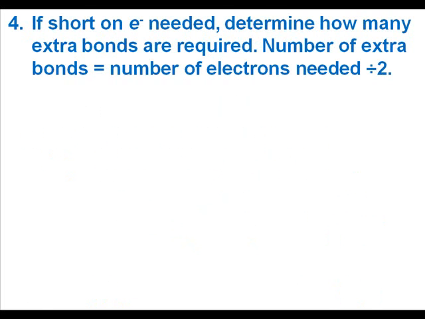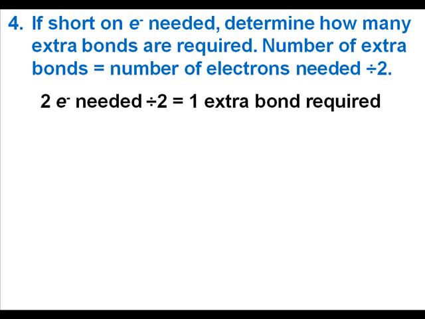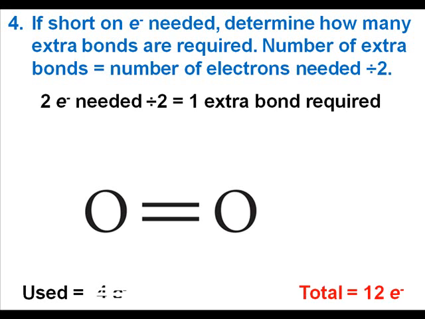What else can be done? We can generate an extra bond. So I need 2 more electrons, so I need 1 extra bond. So here we go. Instead of having 1 bond between the oxygens, I create 2 bonds. Now I continue to fill in what is left. And now the question is, is this stable? Well, the oxygen on the left has 2 on the top, 2 on the bottom.